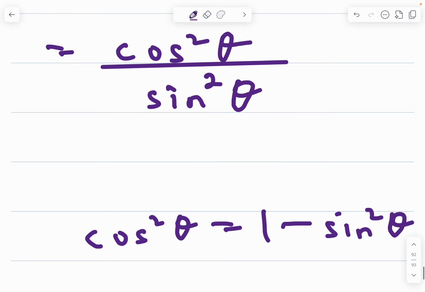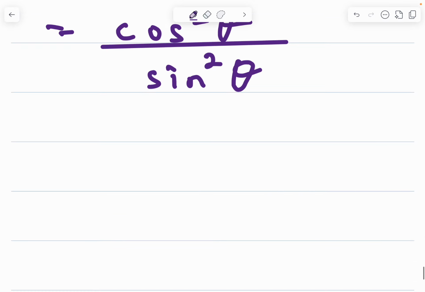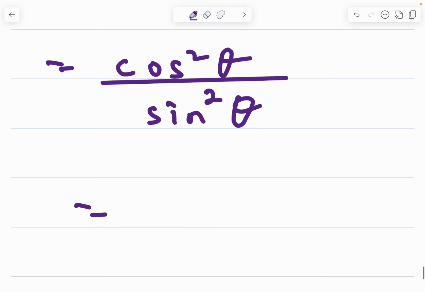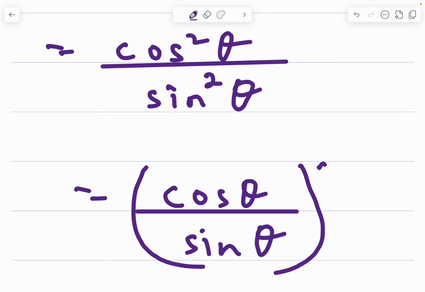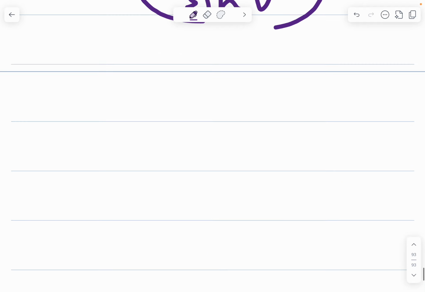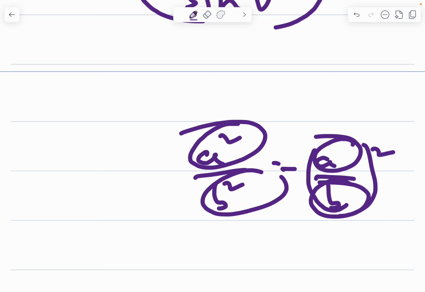Now cos square theta over sine square theta is the same as the square of cos theta over sine theta. It's just like saying a square over b square is the same as the square of a over b, because if you square a you get a square, and if you square b you get b square.